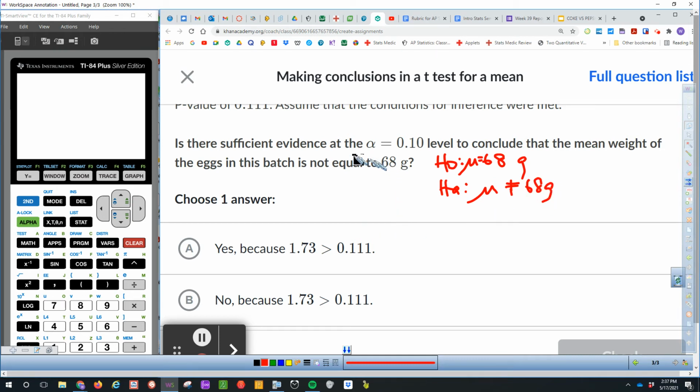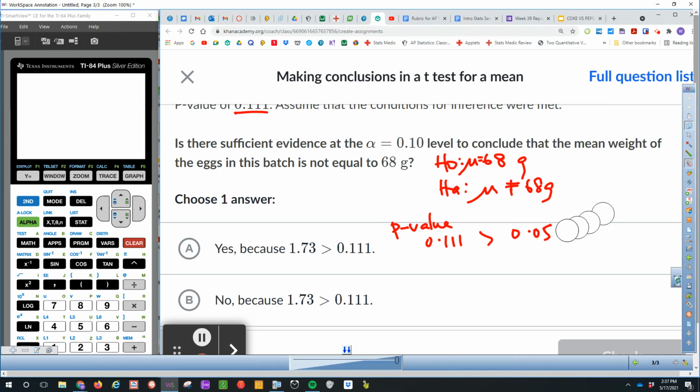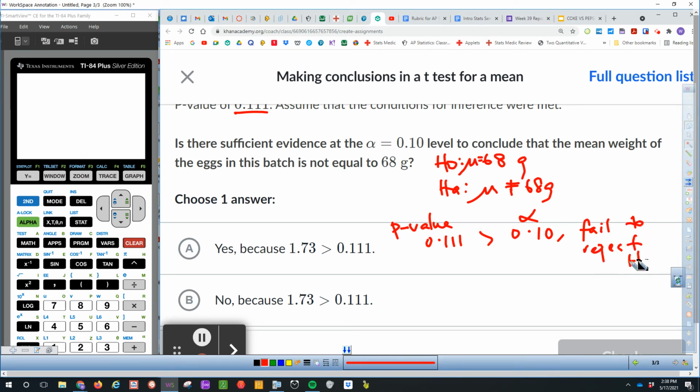So here the p-value of 0.111 is greater than 0.10. This is alpha. So we fail to reject H naught.